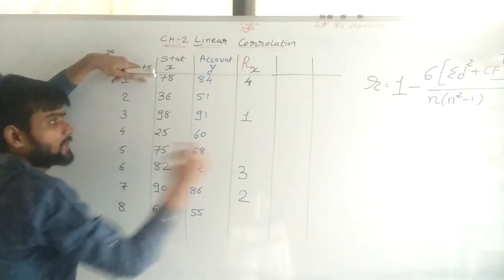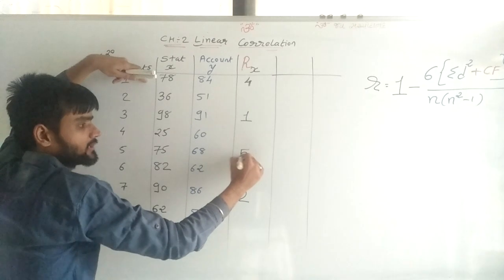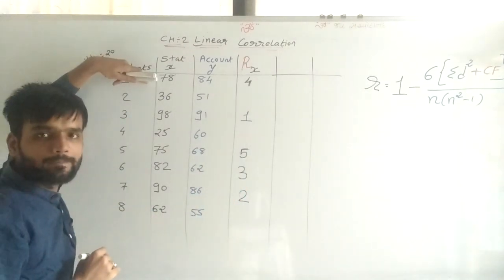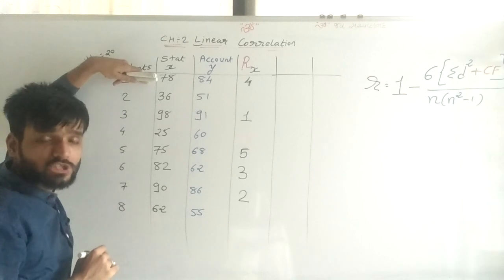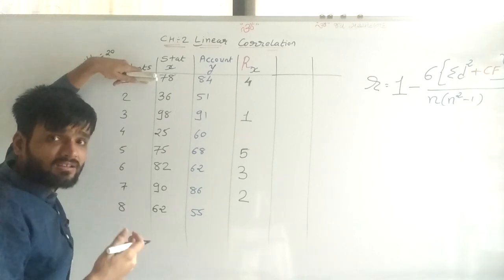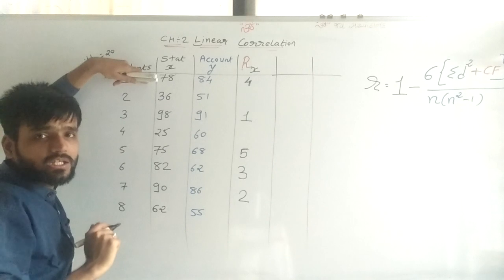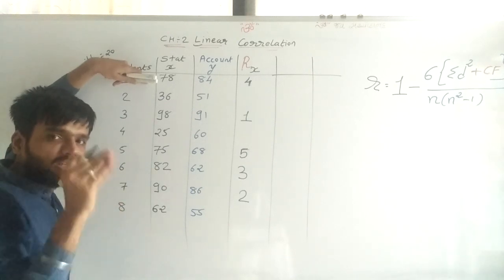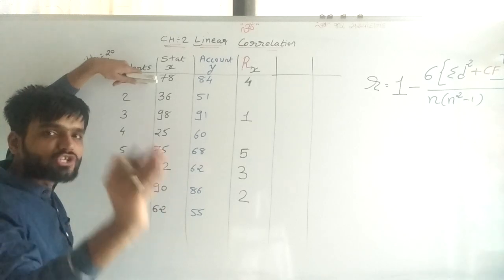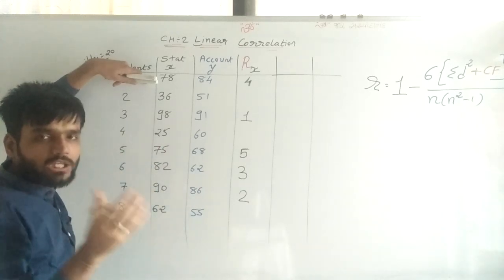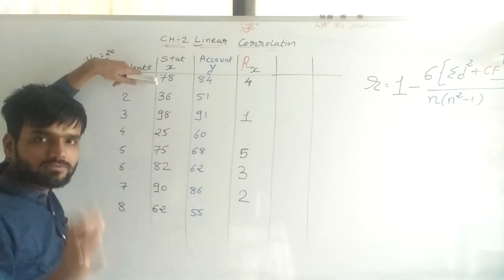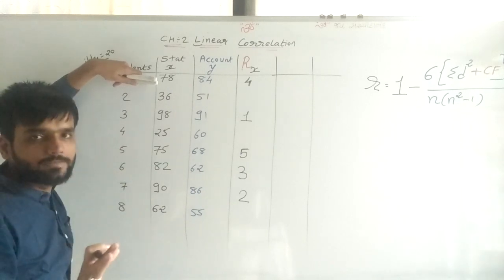And this 75 marks student gets fifth rank. In this way we are giving ranks. Then after calculating the sum, because the name of the method is what? Rank correlation method. Because in qualitative situations we can give ranks only.